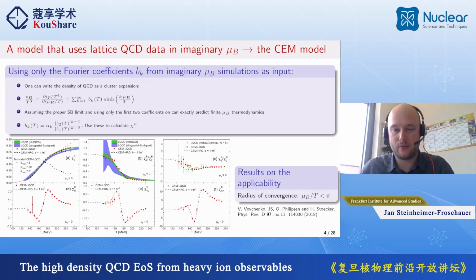Well, it gives you an idea of the radius of convergence of your whole series. Because you want to know how far you can go at maximum, even if you were able to measure from the lattice the 100th order of your expansion coefficients. And what you get is that the radius of convergence, if you do an expansion in mu_B over T, is always less than pi.